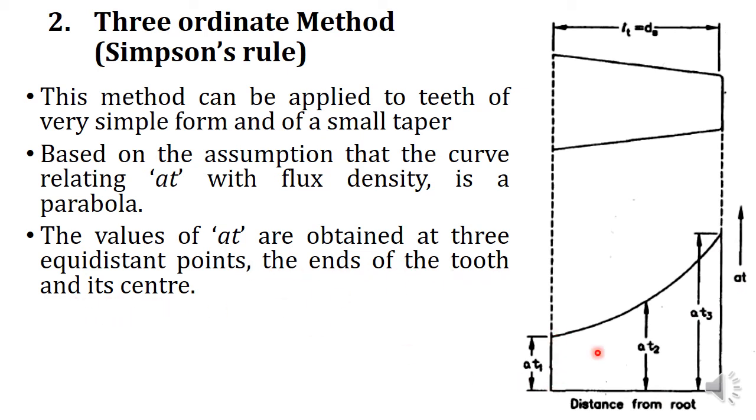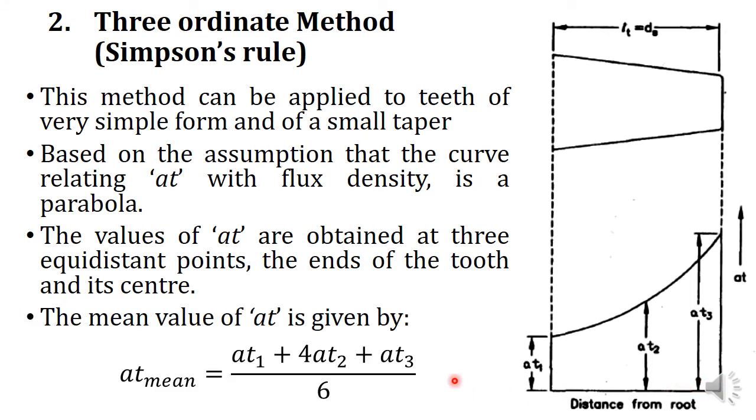This is one end, this is the other end and this is the center. The values of AT at these three equidistant points are noted, and then the mean value of AT is given by AT mean is equal to AT1 plus 4 AT2 plus AT3, whole divided by 6. This is the method to calculate AT mean in Simpson's rule.